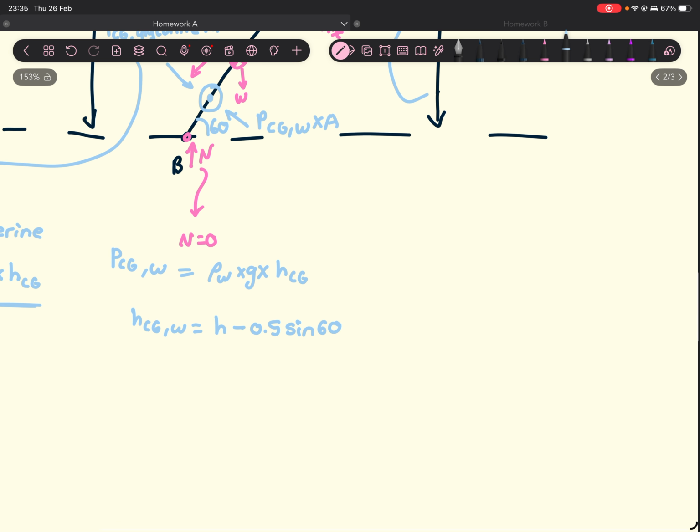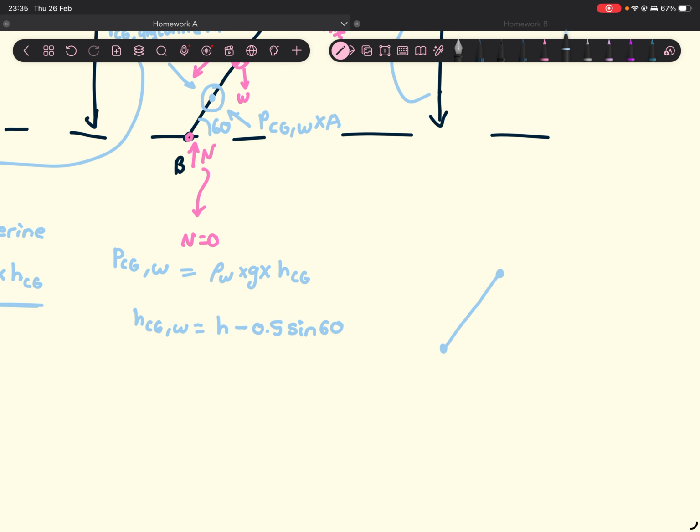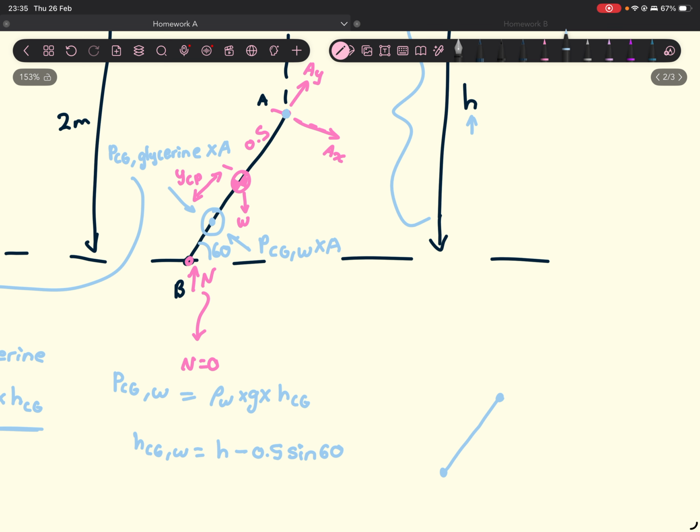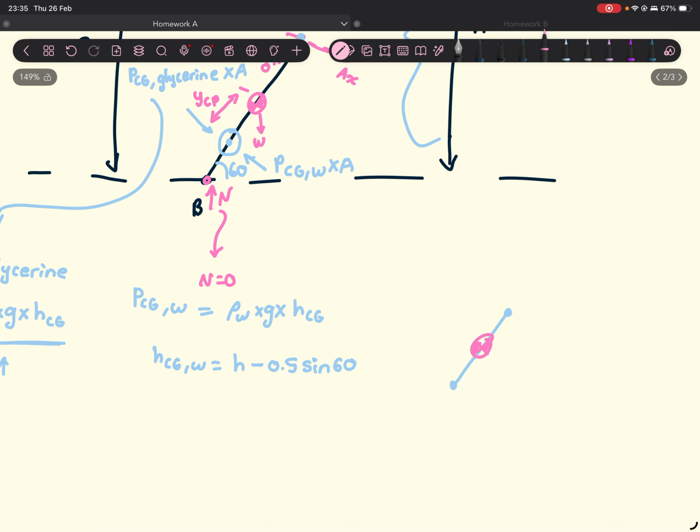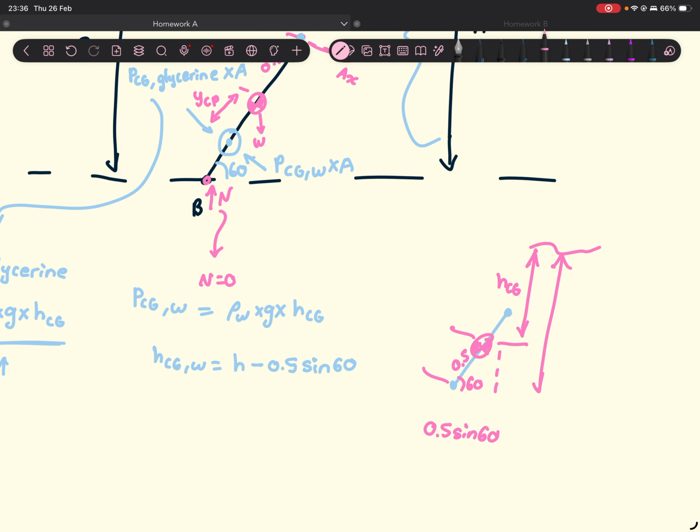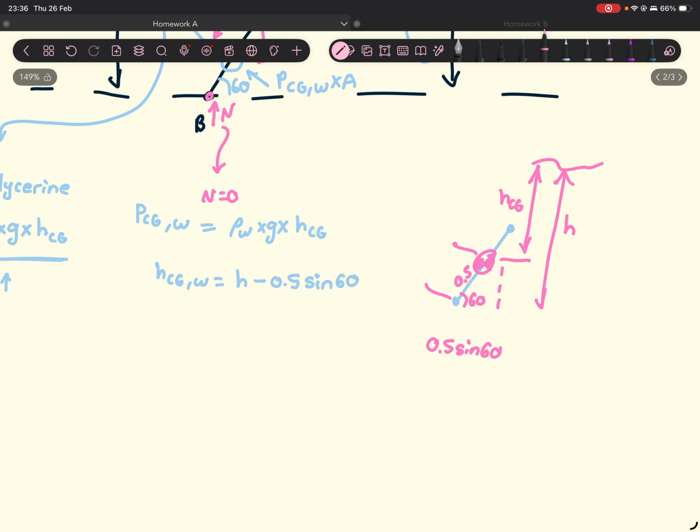sine 60. So if I draw the gate, right? So in the middle you have your center of mass, right? This is 0.5, this distance here, 0.5, this is 60, so the height over there is going to be 0.5 sine 60, and then we have this total height over here, and this is the height that we want, so I'm going to call this HCG, and then this is H. So in order to get HCG, we need to take this height, minus it, or subtract this height here, and then we'll be left with HCG.